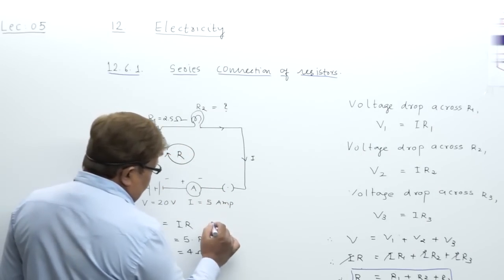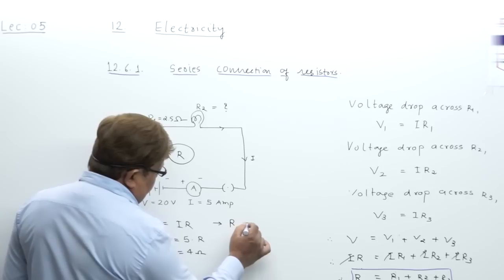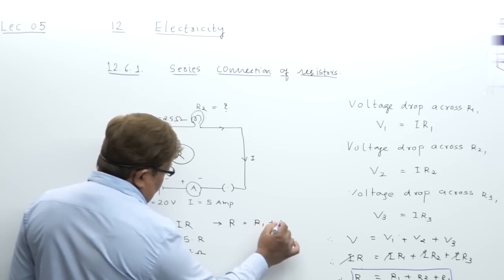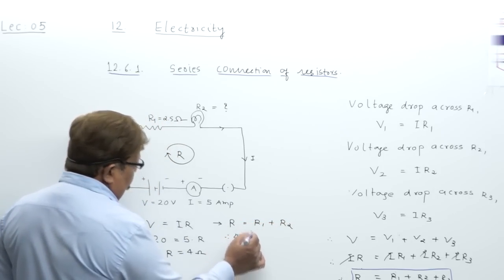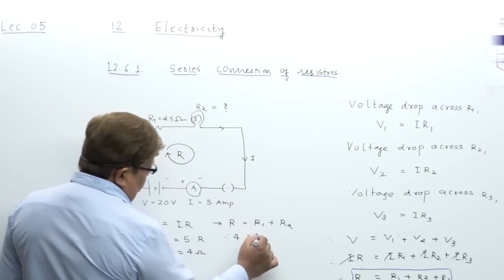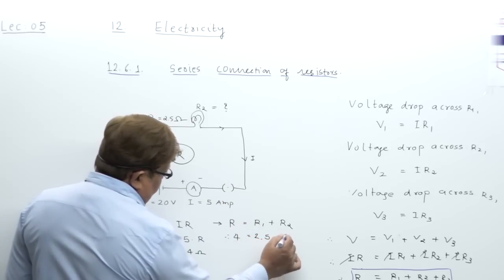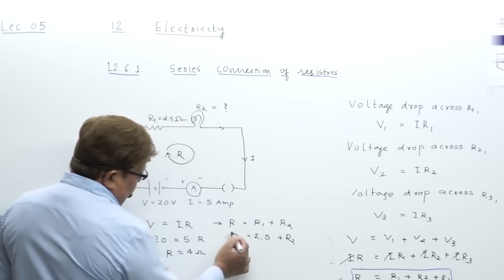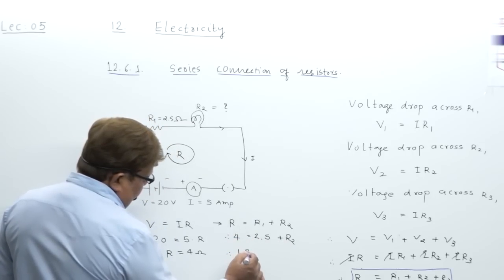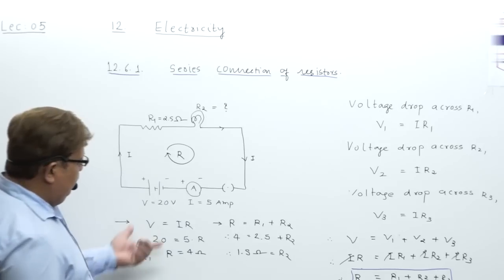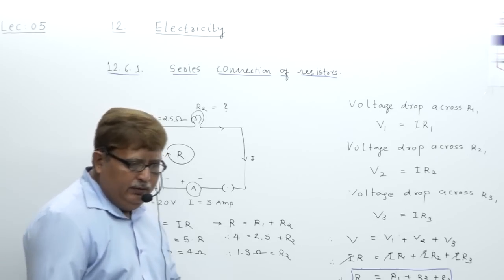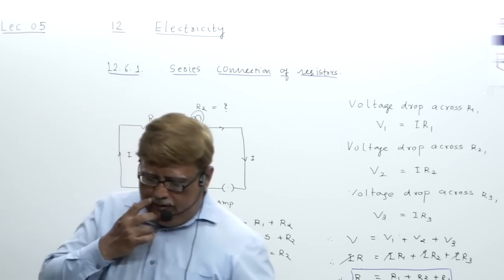Now because they are in series connection, what is the formula you can design? R equals R1 plus R2. R is already 4. R1 is given to you, 2.5. R2 you have to find. Just subtract it. 1.5 ohm equals R2. This way, my dear students, simple numericals can be done.